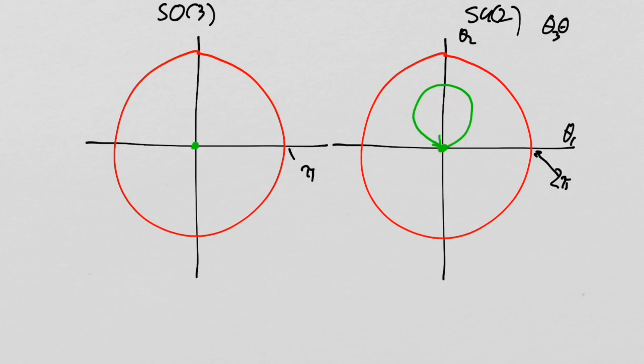So I've already drawn one conceivable loop in the space of SU2, right? This is the loop that leaves the origin and comes back to the origin. And it never touches the sphere. And it's pretty clear that this loop can be continuously deformed into the constant loop, as can, say, this loop.